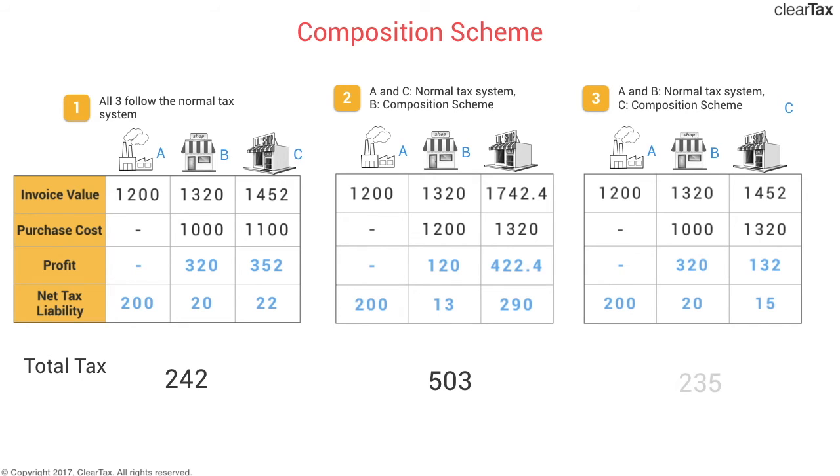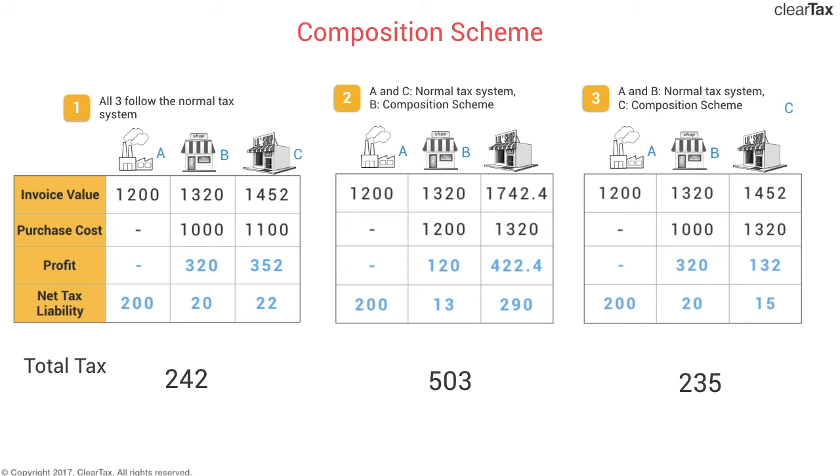In the third scenario, interestingly, where C has opted for the composition scheme, the tax collected by the government cumulatively is 235, which is even less than what it could have collected when all three have chosen the normal scheme. Interestingly, the government is getting more tax if the middleman is opting for the composition scheme and not the dealers at the two ends of the supply chain.